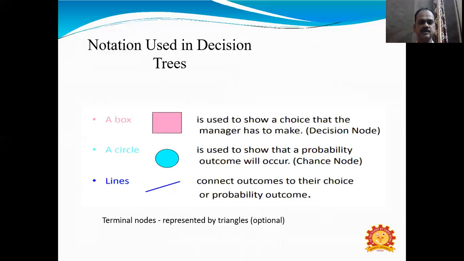These lines are called edges. If you want to make a connection from one node to another node, we need to use the line symbols. The terminal nodes are represented by triangles, which is optional.